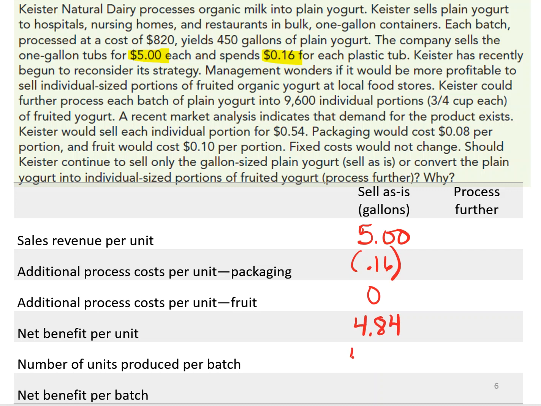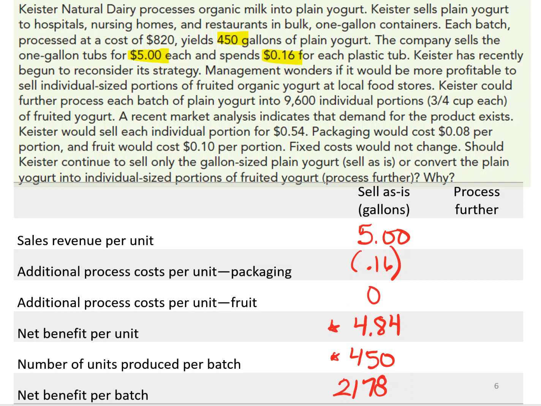And if they produce 450 gallons, which is what it says up here, then the net benefit per batch is $2,178. That is simply the number of units times the net benefit per unit.